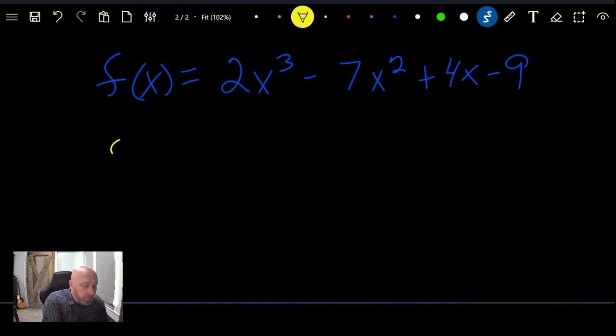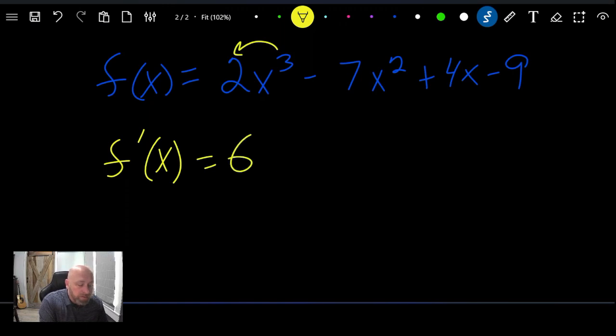So here's the first derivative, and we would do that by following our steps. We take our exponent and we multiply it by the coefficient. So 3 times 2 is going to give us 6x, and then we subtract 1, squared. Minus, and then we're going to take our 2 multiplied by our 7.